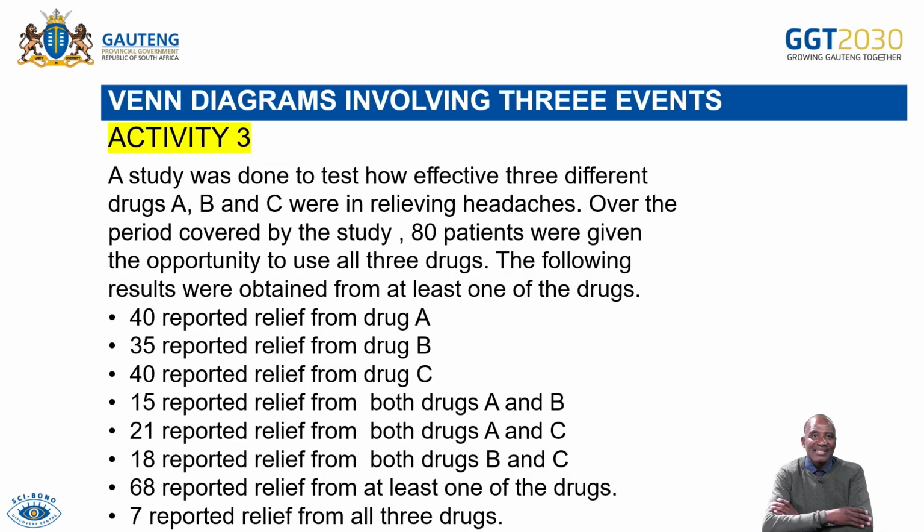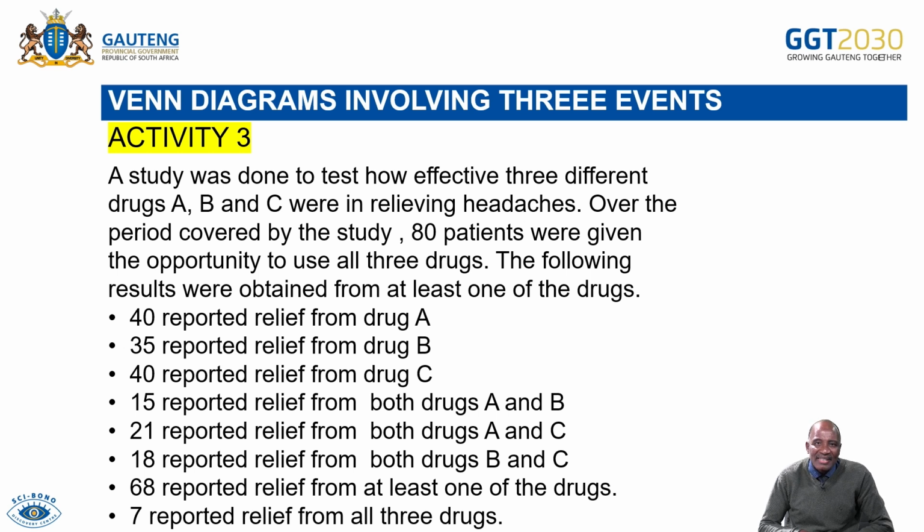Right, here is our activity 3. It says, a study was done to test how effective 3 different drugs, A, B, and C, were in relieving headaches over the period covered by the study. 80 patients were given the opportunity to use all 3 drugs. The following results were obtained from at least one of the drugs.